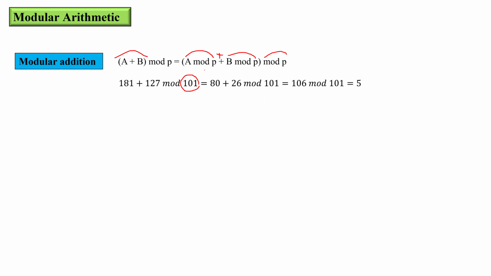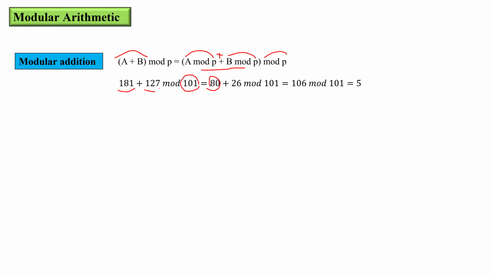We follow the right side first. You compute the first value mod P: 181 mod 101 equals 80. You can check this by using our website.